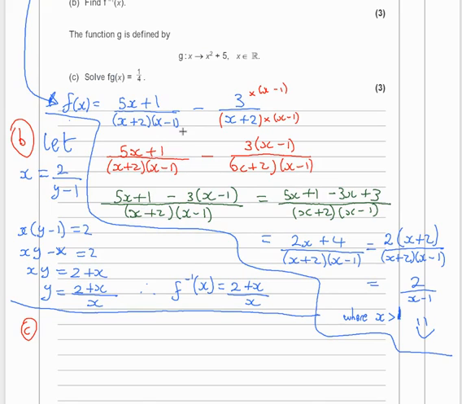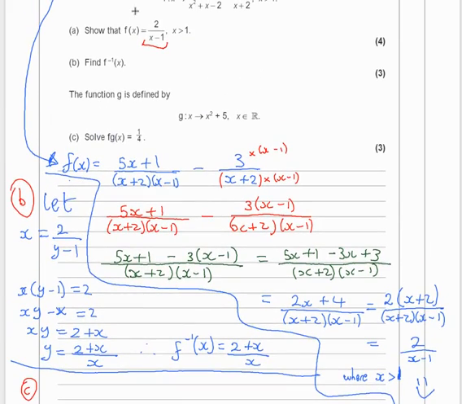Well, f of x was equal to 2 over x minus 1. So f of g of x, just to make that clear, that's putting g into f of x. So that's going to be 2 over, instead of writing x, I've got g of x minus 1.